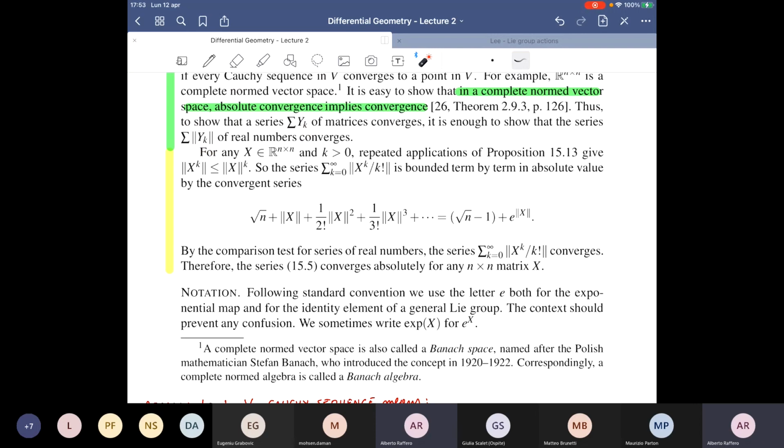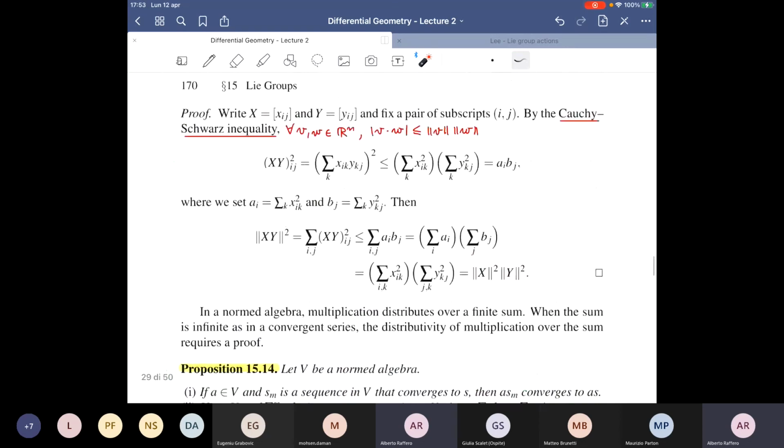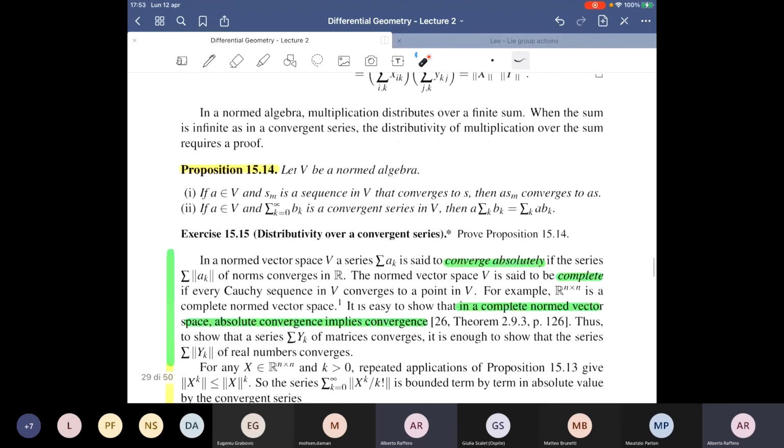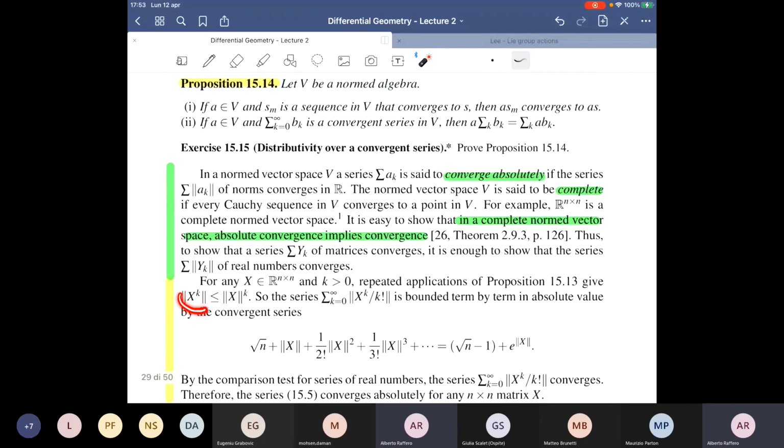In particular, for any real square matrix, you can use the proposition we mentioned before, saying that we have this property for the norms, to conclude that the norm of the kth power of a matrix is bounded by the kth power of the norm of the matrix.